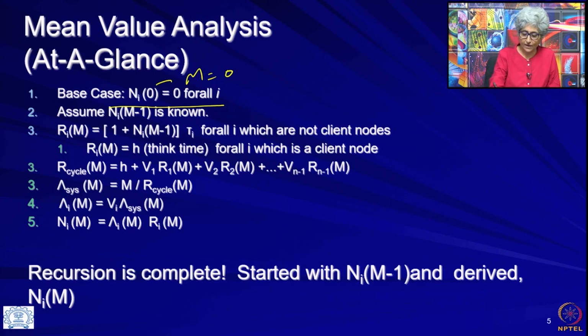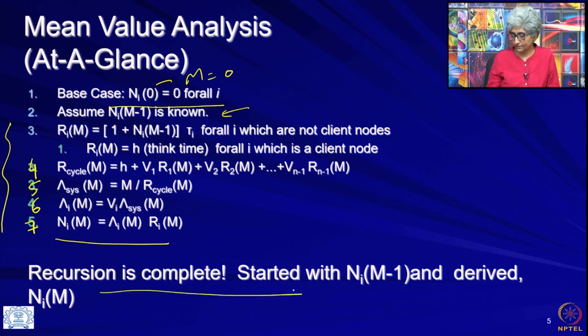This is where we start, and then we start with the induction process where we assume that n_i(m-1) is known, and then we go through all these steps and we get n_i(m). So, we start from n_i(m-1) and we reach n_i(m), and that is how the recursion is completed. Again, these slides are just for your reference.